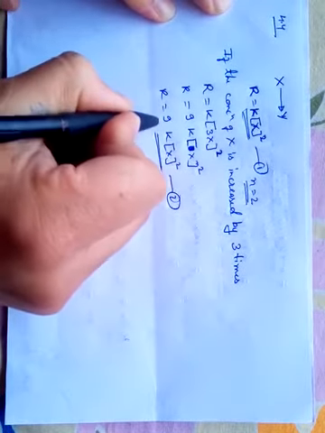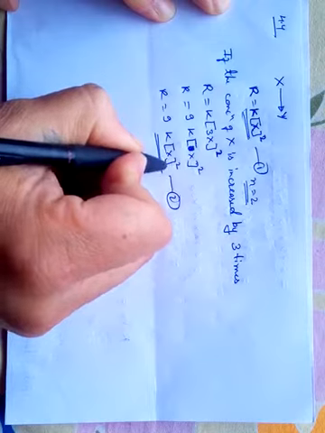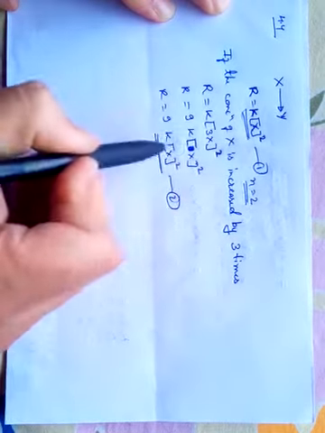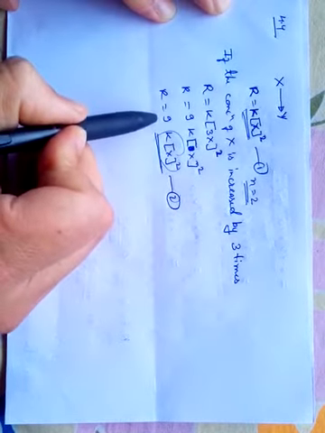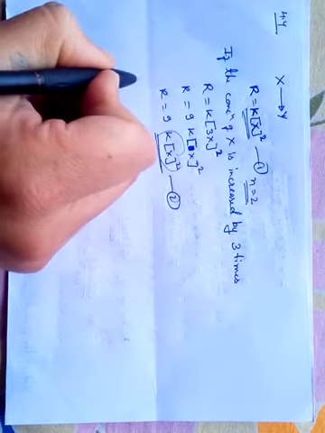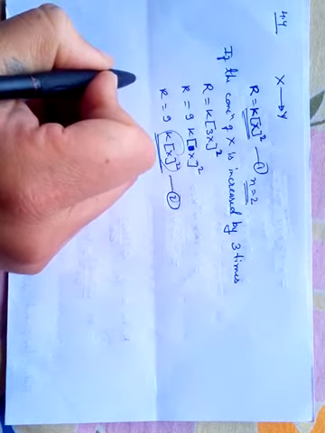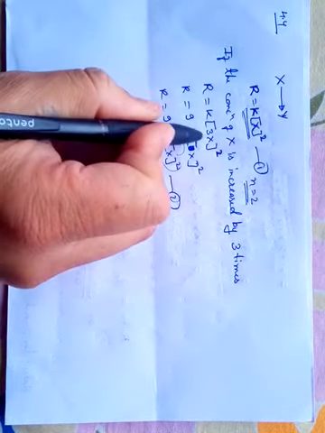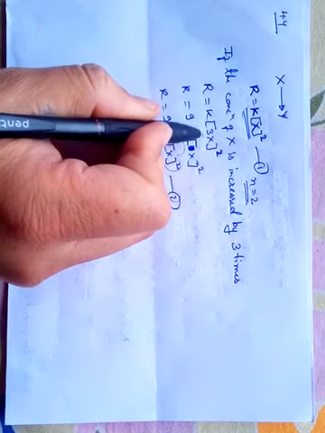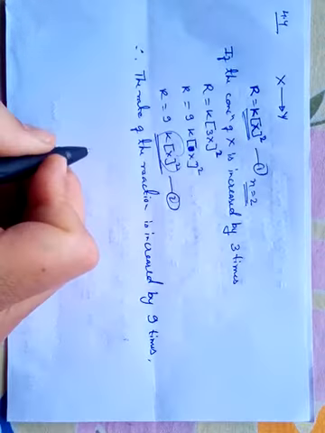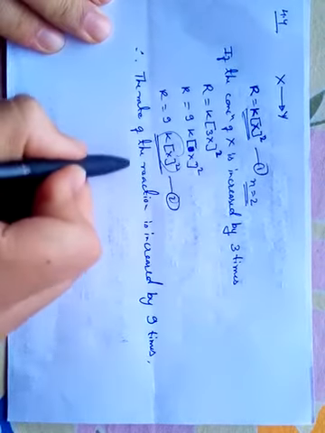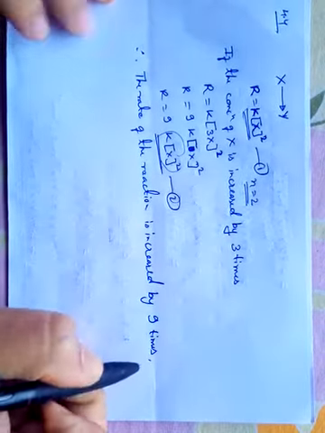Here the rate is 9 into K [X] to the power 2. So this factor has been raised by 9 times. So we have to say that the rate has been increased by 9 times with the increase in concentration of the reactant by 3 times. Therefore, we can write that the rate of the reaction is increased by 9 times.